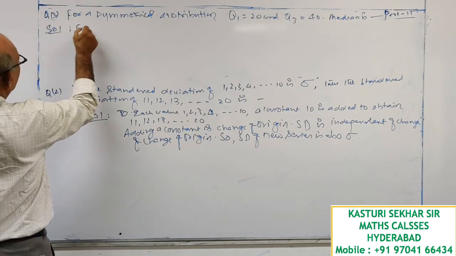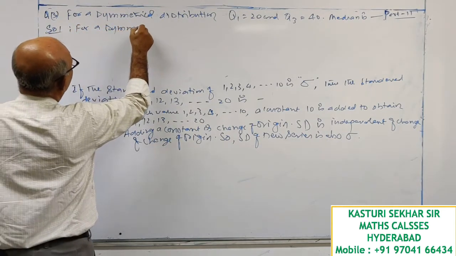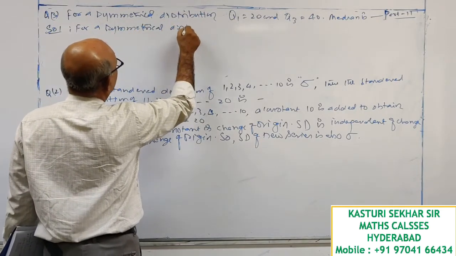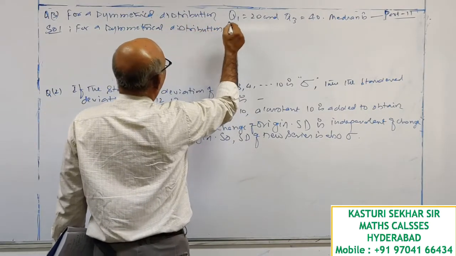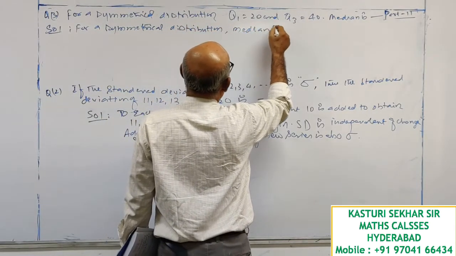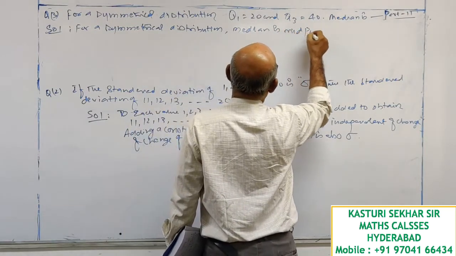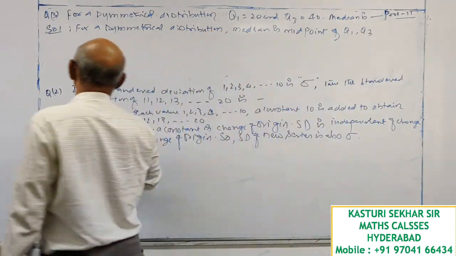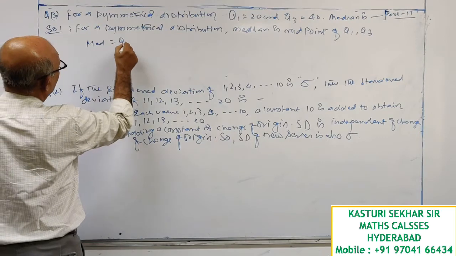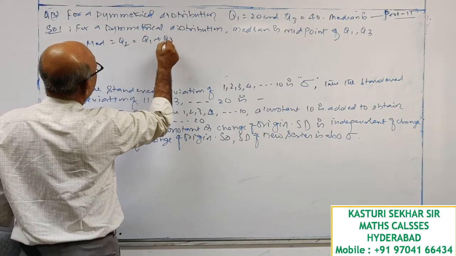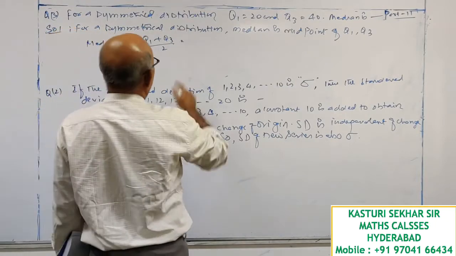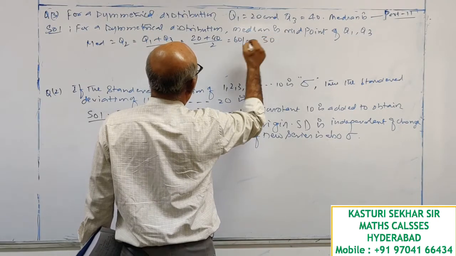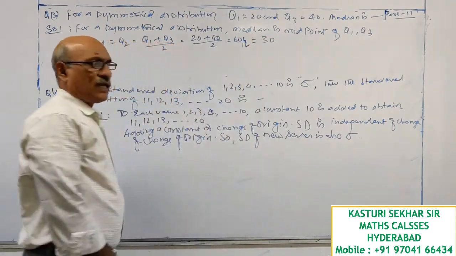For a symmetrical distribution, median is the midpoint of Q1, Q3. Therefore, median is equal to Q2, which is Q1 plus Q3 divided by 2. So this is 20 plus 40 divided by 2, 60 divided by 2, 30. 30 is the answer.